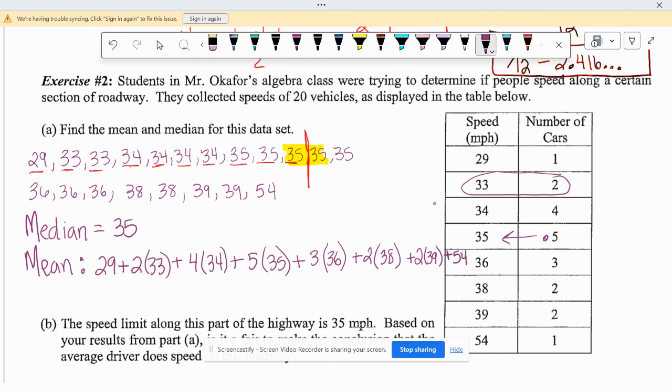And I'm going to take that total and divide it all by 20. So when I totaled it up, I got 722 divided by 20, and that equals 36.1 miles per hour.